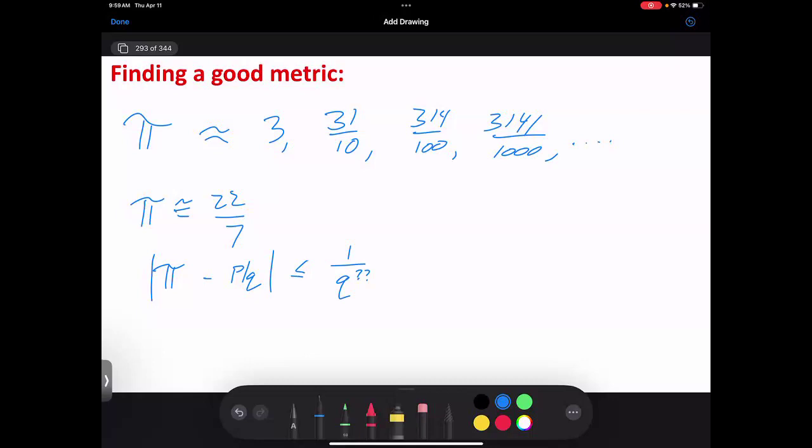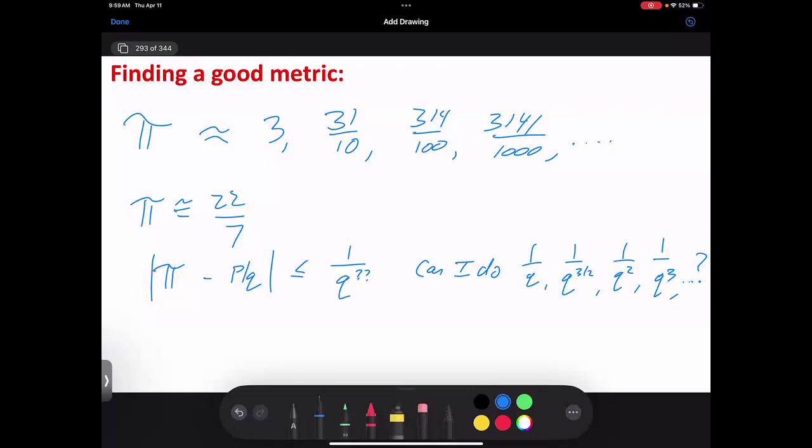What power can I do? Can I do 1/q, 1/q to the 3/2, 1/q squared, 1/q cubed? How close can I get? And I want to do this infinitely often. I don't want to get it just once.